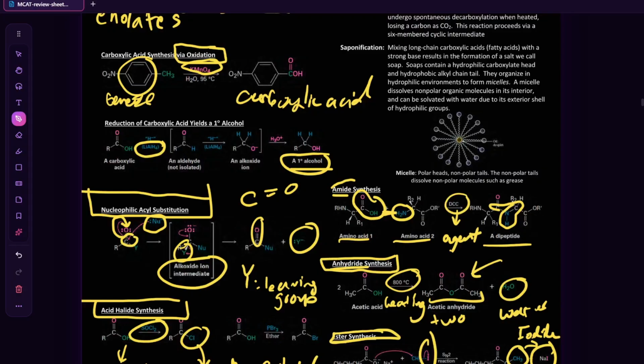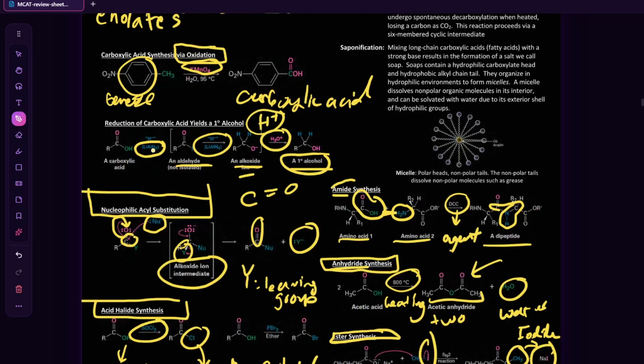And then it forms an aldehyde. So this is the aldehyde. But that aldehyde doesn't get isolated. It's immediately hit with a second hydride, forming an alkoxide ion, which then gets protonated on the workup with H3O+. So protonated, H plus basically, to give the final primary alcohol.